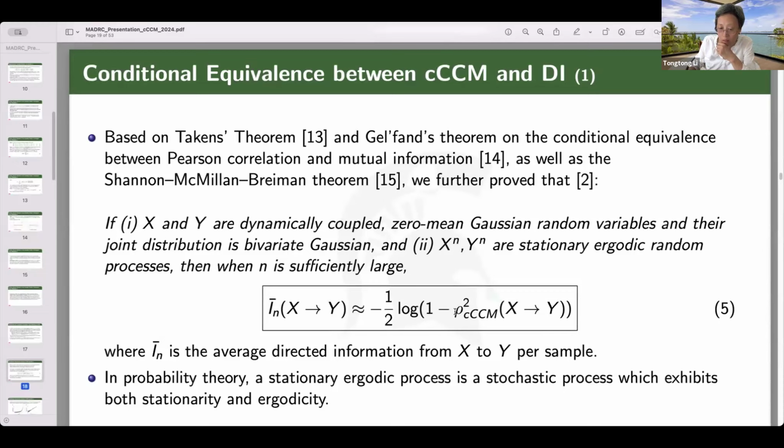So this CCM causality is related to the directed information, and that is why I said it reflects how fast the information is being transmitted from one region to the other. That is an excellent question, Michael.